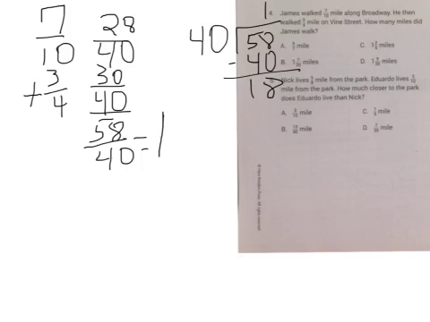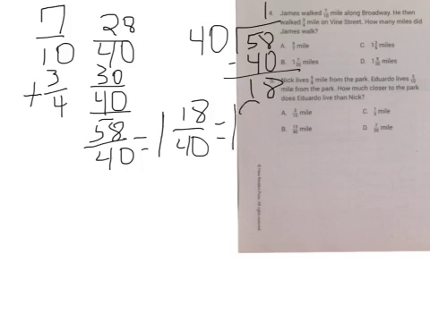And so this is going to give us 1 and 18/40. Well, now we know we can reduce because we have the 18 and 40, and it can be reduced by 2. So let's divide the 18 by 2.